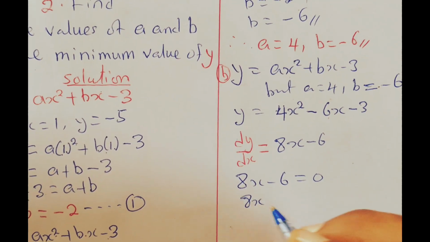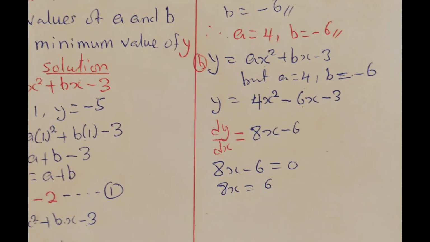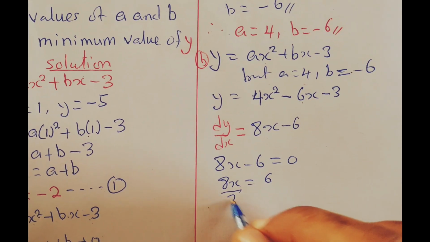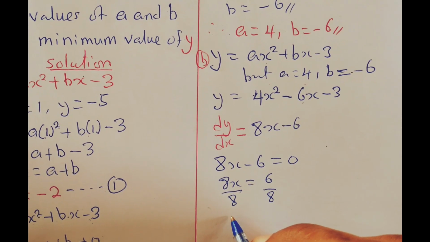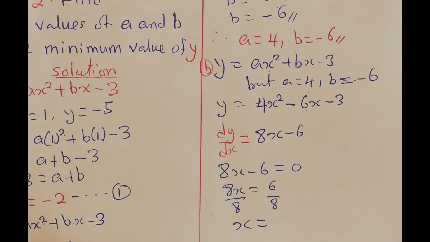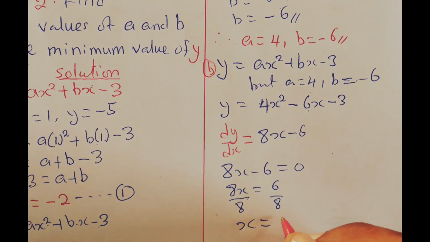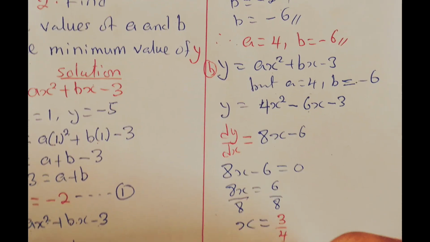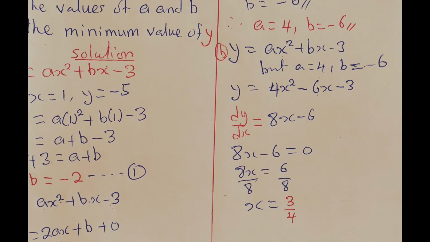So what it means is that 8x minus 6 is equal to 0. So 8x is equal to 6. I'll divide through by 8. So x is equal to, there's a number that can divide 6 and 8, and that number is 2, becomes 3 out of 4. But I'm looking for the minimum value for y.